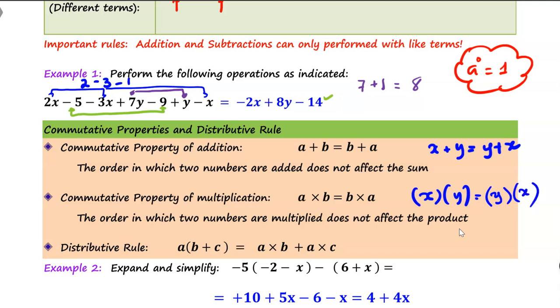Or I can write it like this: xy is equal to yx. So a few things for us to remember here. X times y equals y times x. Or I can write bracket x, bracket y, and bracket y, bracket x. So brackets also represent multiplication. But in this case, we don't have to.